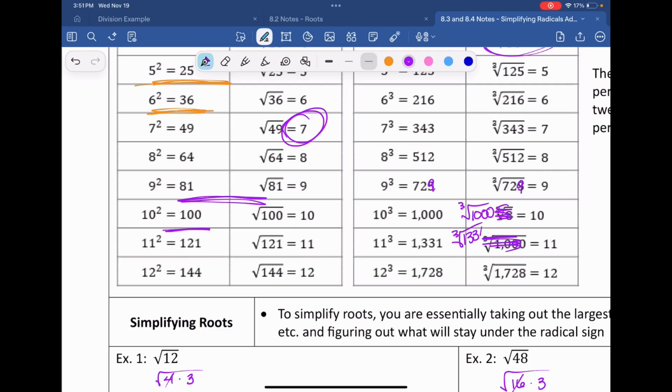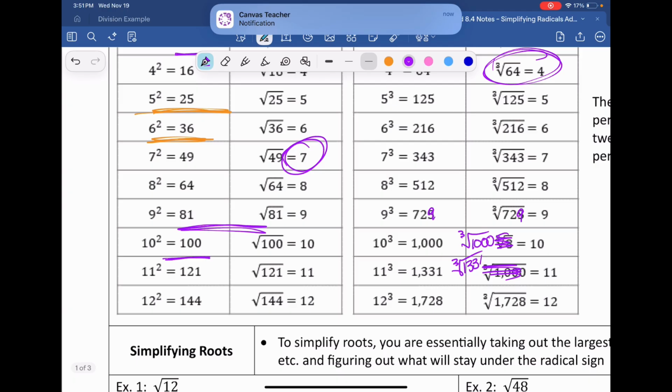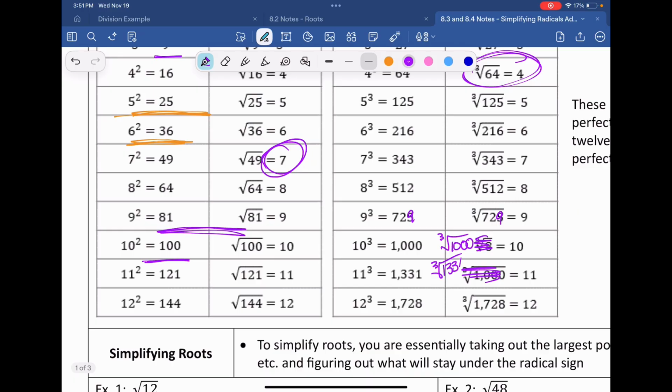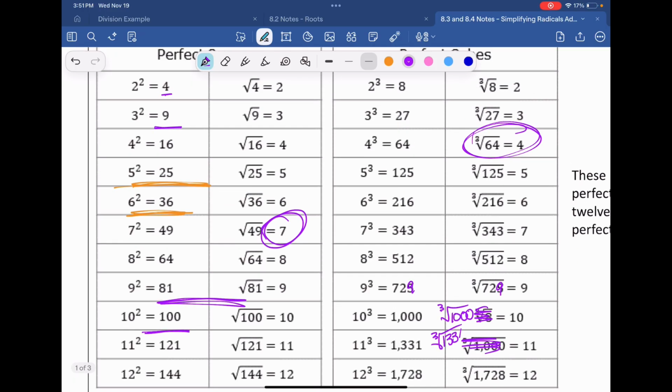Neither does 81. 64 didn't work. 49 doesn't. 36 doesn't. 25 doesn't. 16 doesn't. 9 doesn't. So my last one is 4. 4 does.